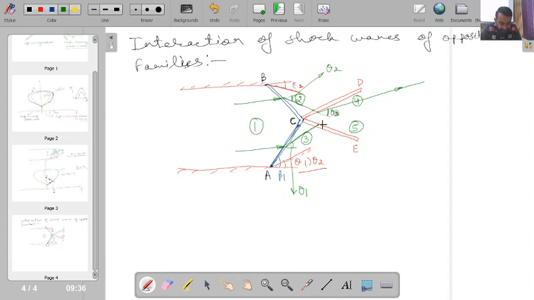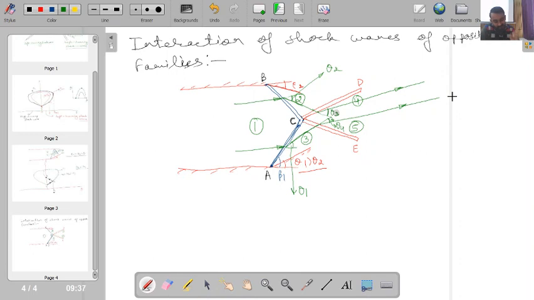Similarly, this will deflect towards this side, and say this angle is theta 4. Is this point clear? You have to follow the line. First it has deflected at an angle theta 2, then it has struck the refracted shock wave CD and deflected at an angle theta 3. This has first deflected at an angle theta 1, then struck CE and deflected at an angle theta 4. Is this point clear?